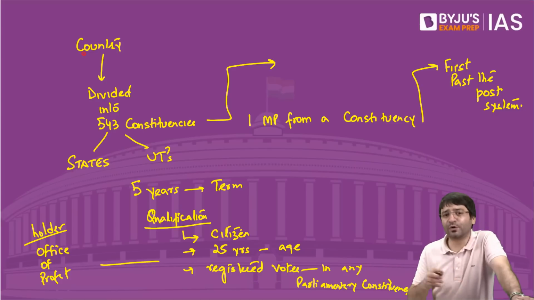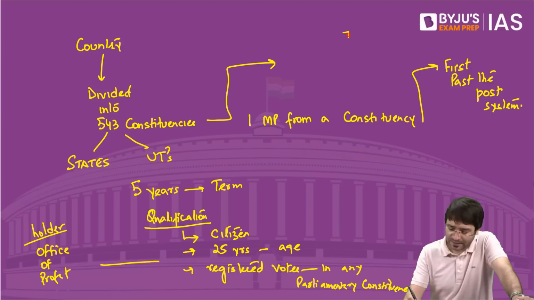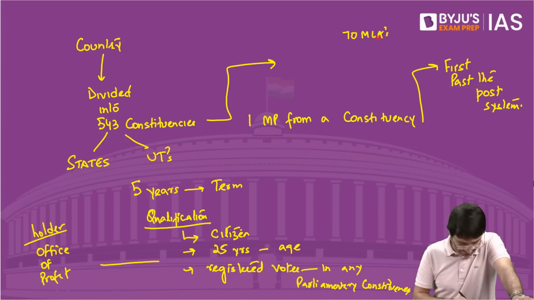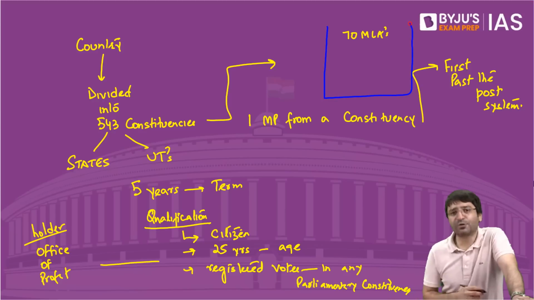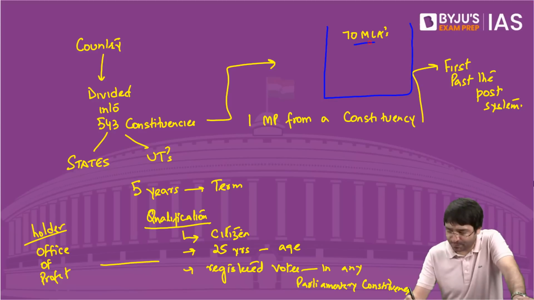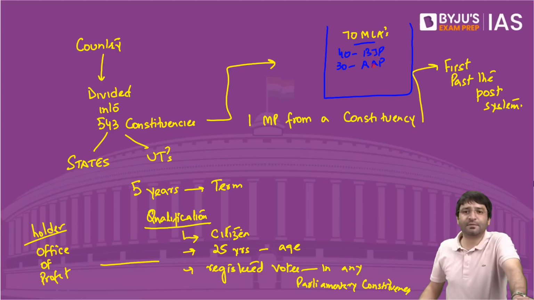Let's suppose tomorrow election takes place in Delhi Legislative Assembly. Out of the 70 MLAs, once the election took place, 40 belong to BJP and 30 belong to Aam Aadmi Party. Now, which political party is in power?